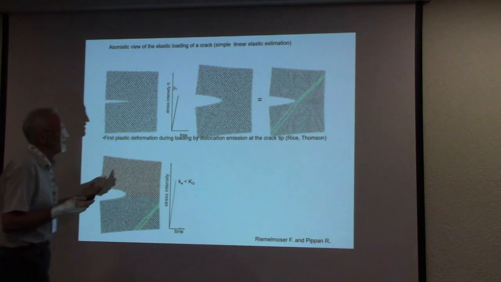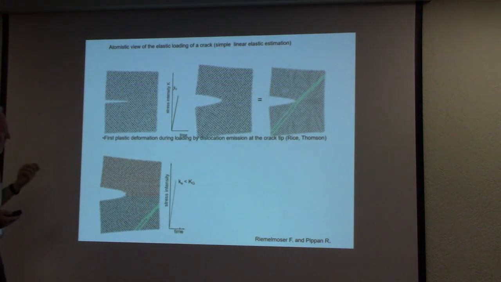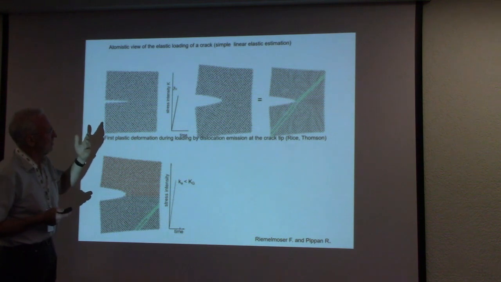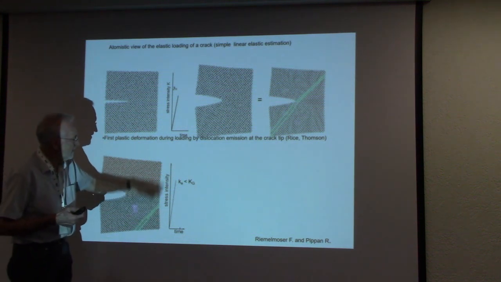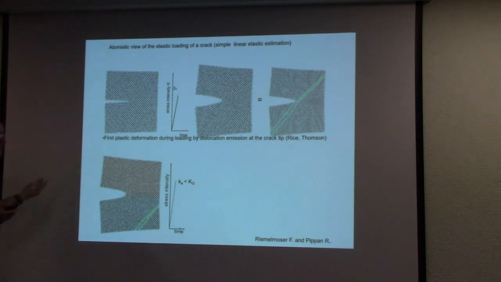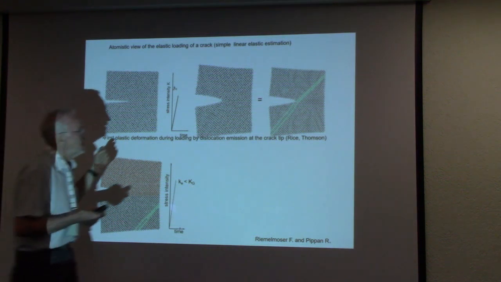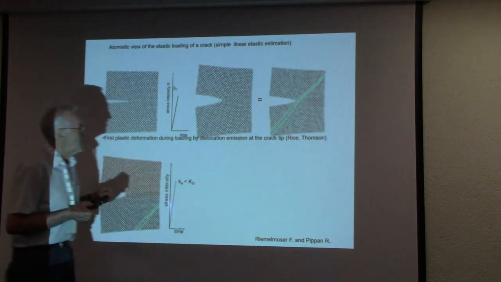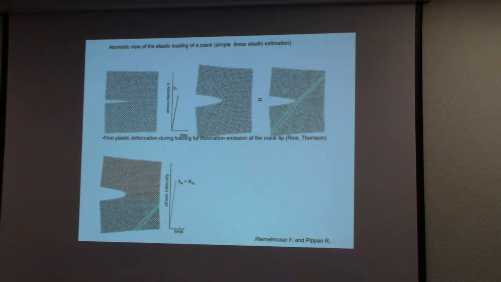It has two possibilities. One possibility is that if you apply a stress intensity equal to the Griffith stress intensity, it will fracture. But we know that in most of our metals this doesn't happen.